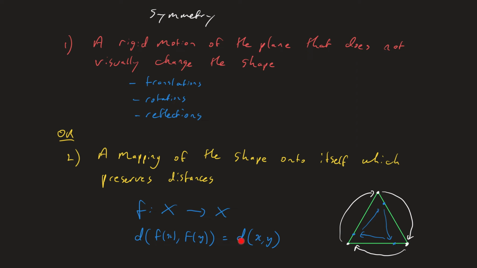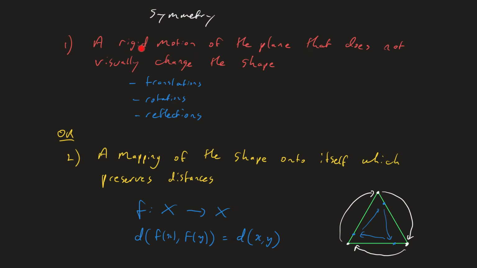Precisely, the distance between any 2 points must also be the distance between the image of those 2 points under our transformation. If we can come up with a mapping that preserves distance and maps our shape onto our shape, so it's a one-to-one and onto mapping, then it is a symmetry.